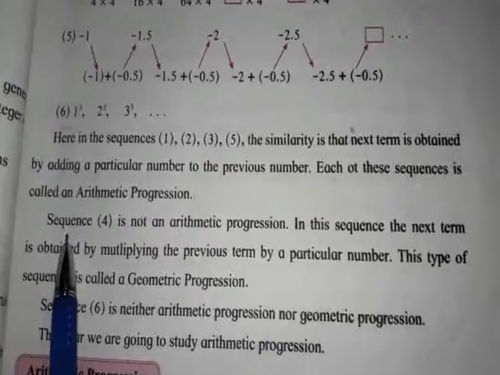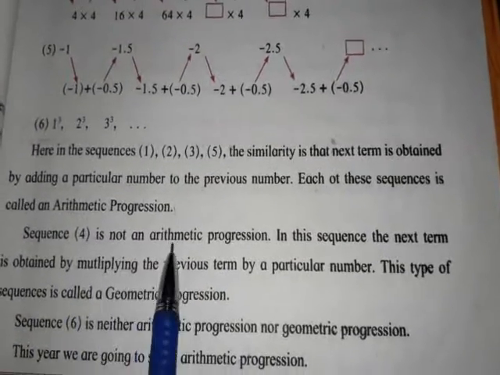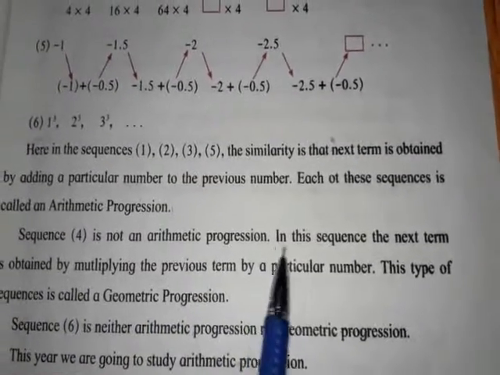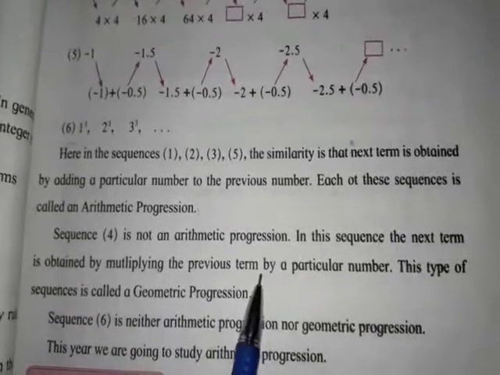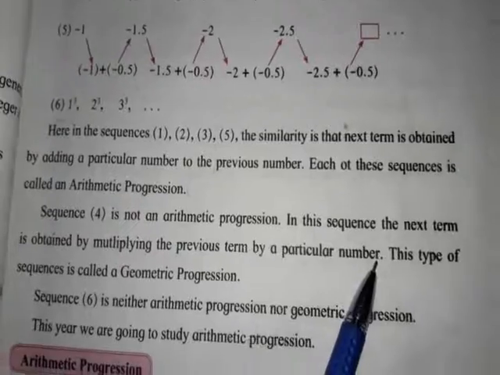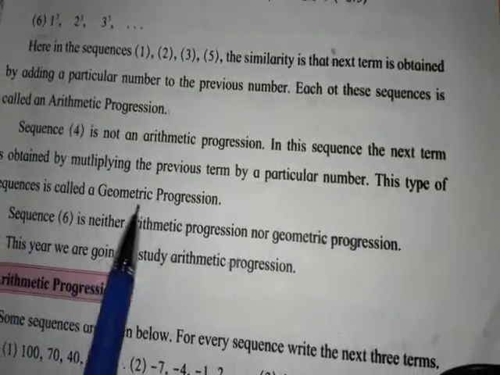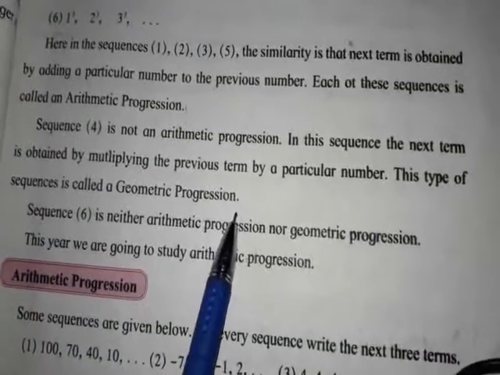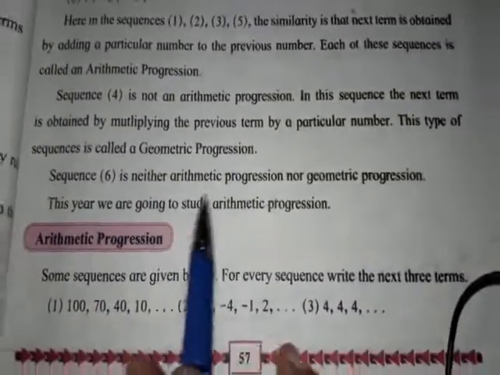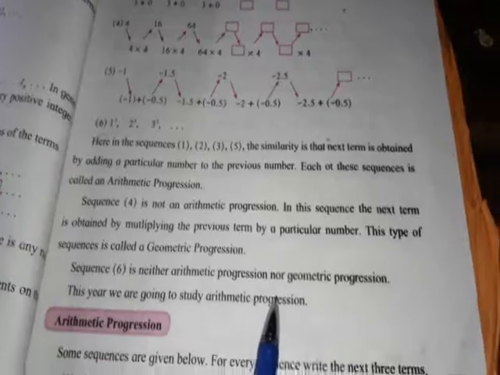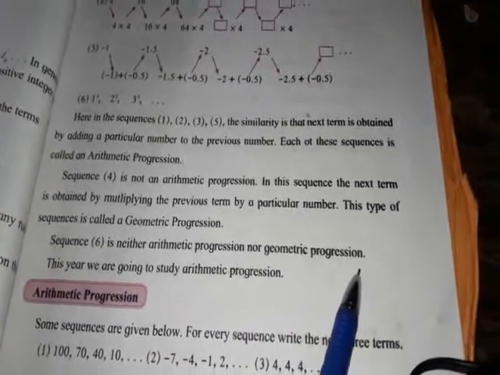The fourth example is not an arithmetic progression. This sequence is obtained by multiplying the previous term by a particular number. So this type of sequence is called the geometric progression. Okay, and the sixth example is neither arithmetic progression nor geometric progression.